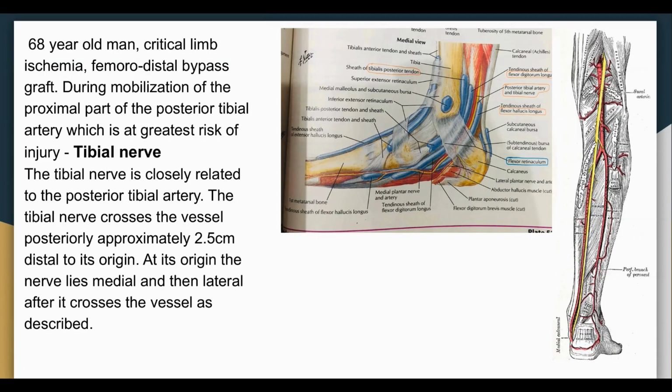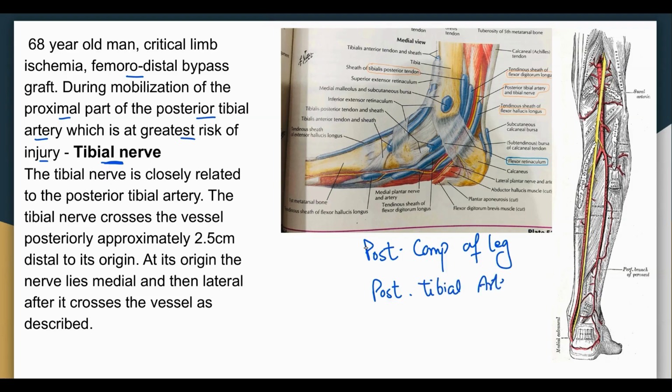So, a 68-year-old man who has critical limb ischemia has undergone a femoral distal bypass graft. During mobilization of the proximal part of the posterior tibial artery, which nerve is at the greatest risk of injury? So we know that with the posterior tibial artery, we have the tibial nerve present. The concept here is that in the posterior compartment of the leg, we have the posterior tibial artery.